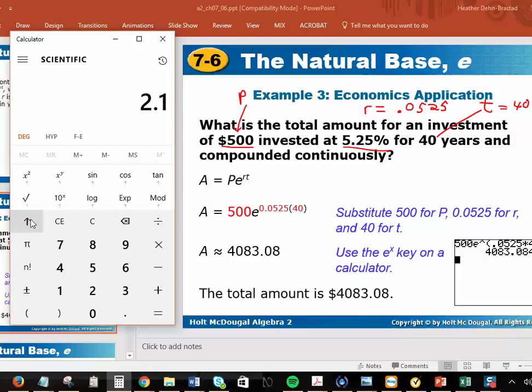On my calculator, this is the standard computer calculator in scientific form. If I click this button, I get other functions, inverse functions, and natural log functions. And now there will be an e. Here's my e, so I have e to the x. That's what I want. I had to put the 2.1 in first, and then I click e to the x.